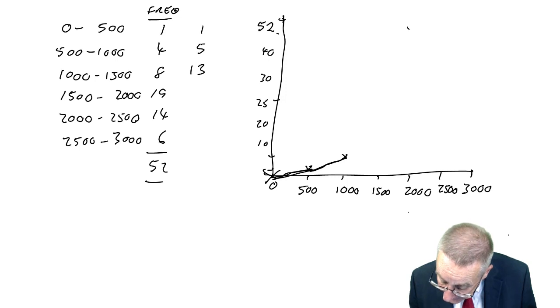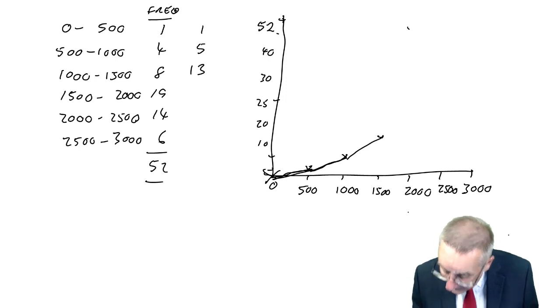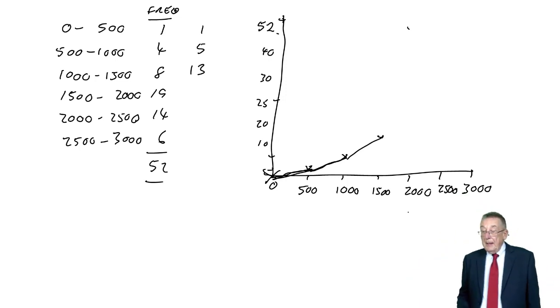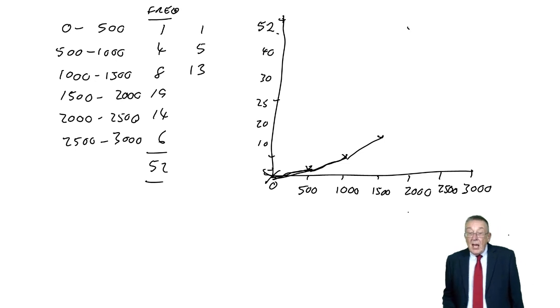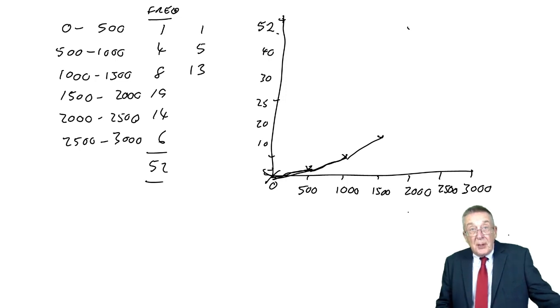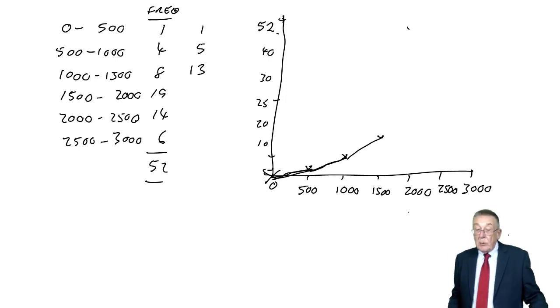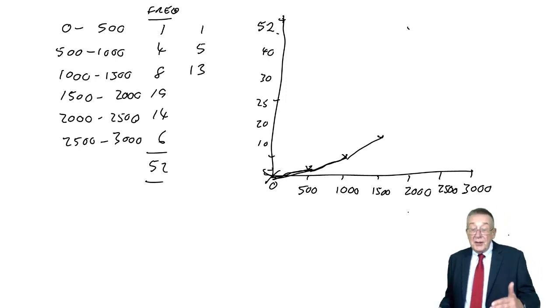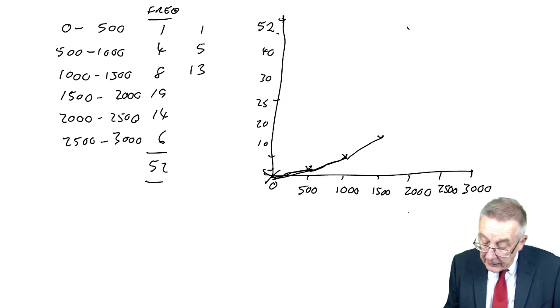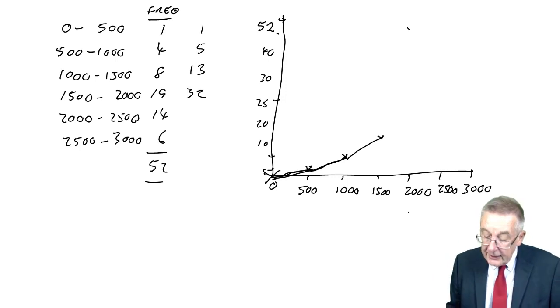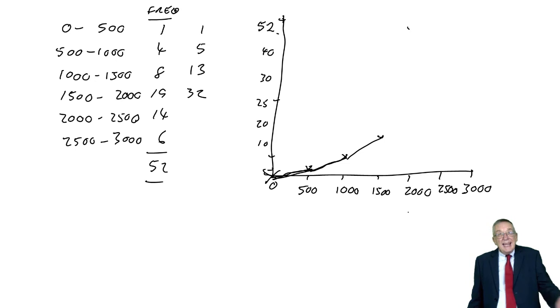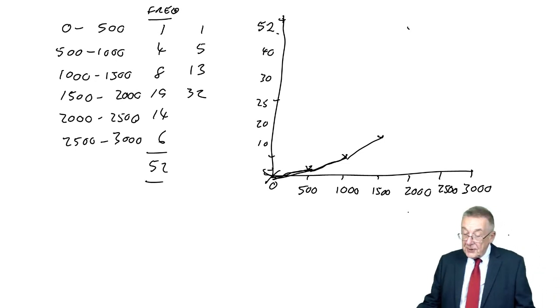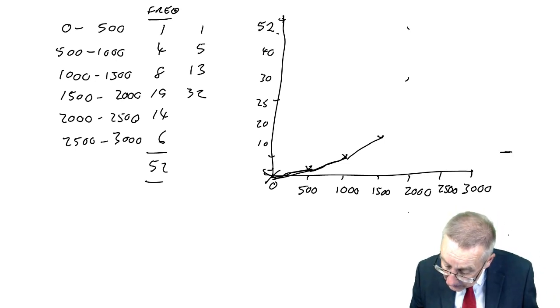So 1,500, 13 is about there. What about up to 2,000 in total? Well, in 32 of the weeks, it was anything up to 2,000. So 2,000, 32 there.